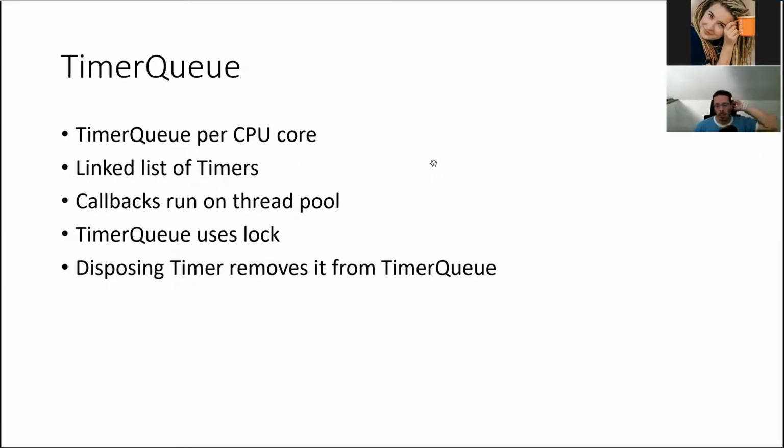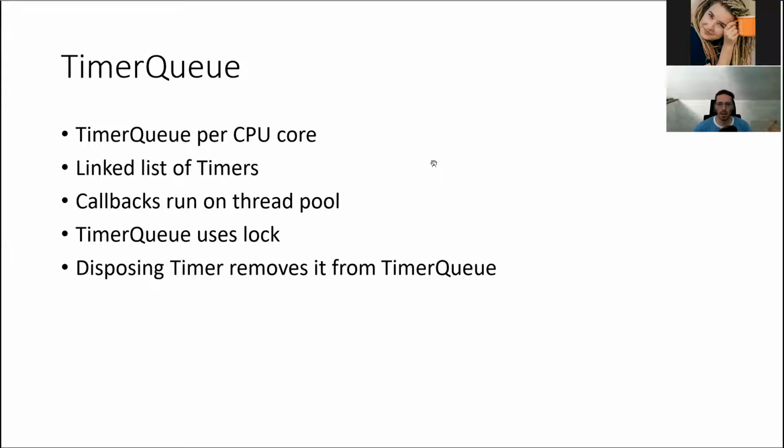So, timer queue, another thing that can bite you later. If I go quickly over what a timer queue is, basically each CPU core has a timer queue in .NET, and it's a linked list of normal timers. Whenever there's a callback from a timer, like you say, I want this operation to happen every 20 seconds, the callbacks are running on a thread pool.